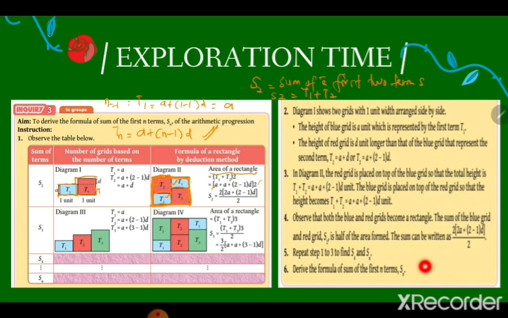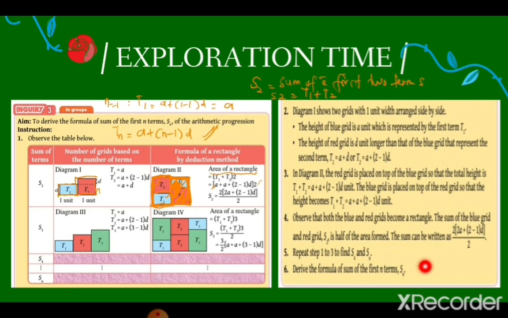But from this rectangle, we can see that for T1 plus T2, we just need this part only.